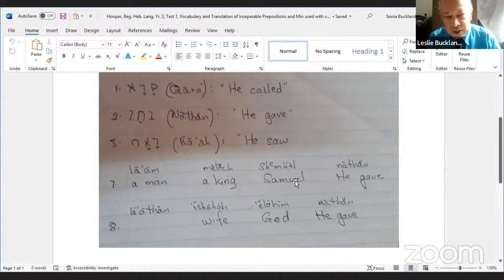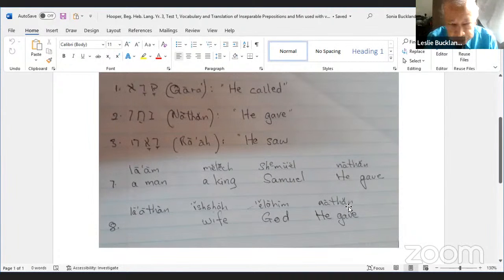But this should be translated as Samuel gave a king to the people. Nathan, Shemuel, Melech, Laam. Samuel gave a king to the people.